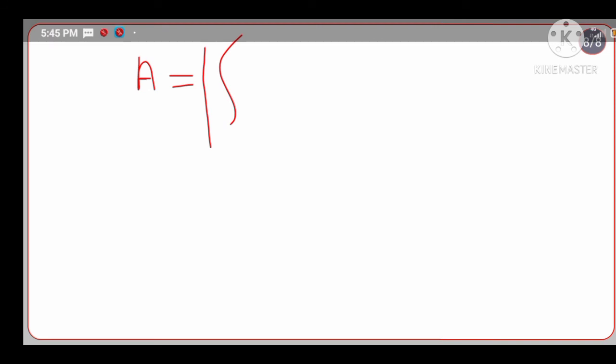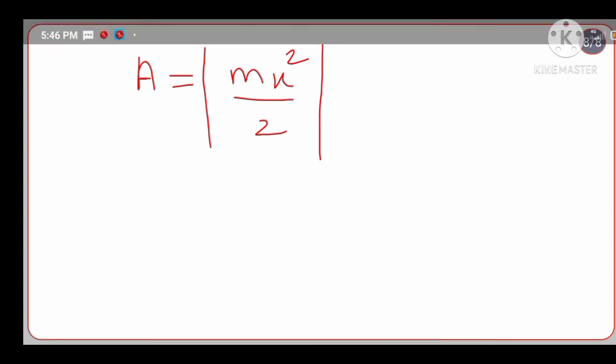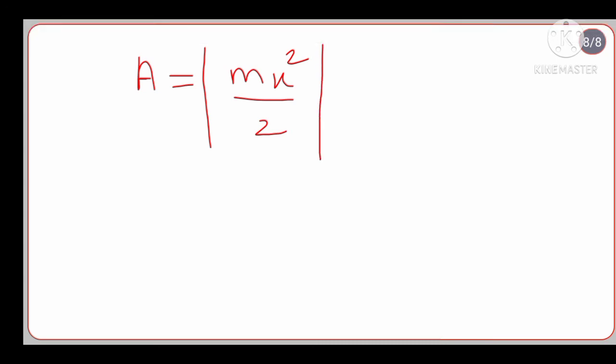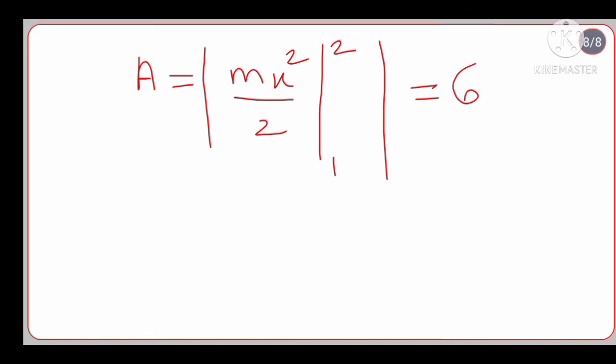So in mod it becomes mx square by 2, and we have to find this value at upper limit 2 and lower limit 1. This value is nothing but 6, because A is given to you; A is nothing but 6 square unit.